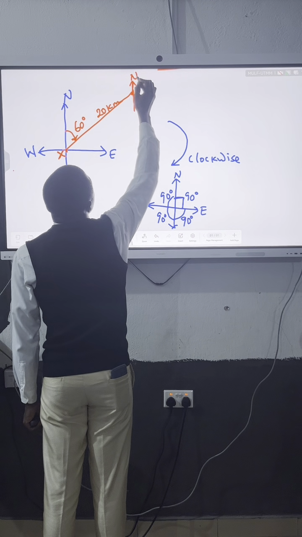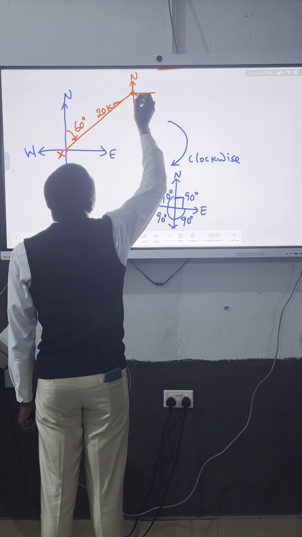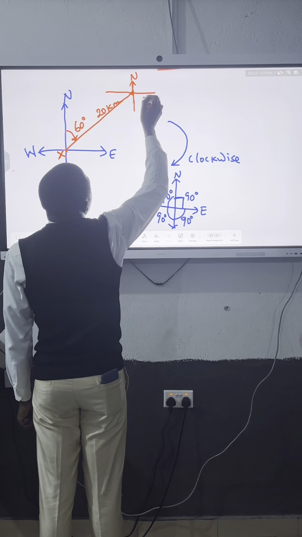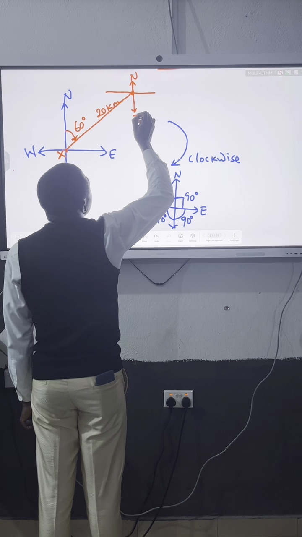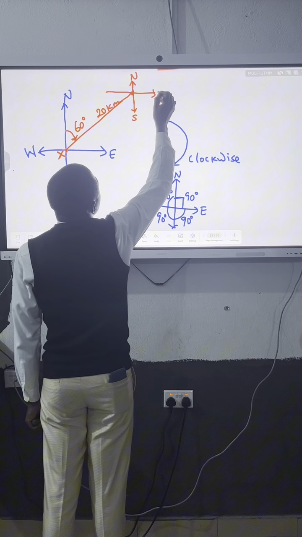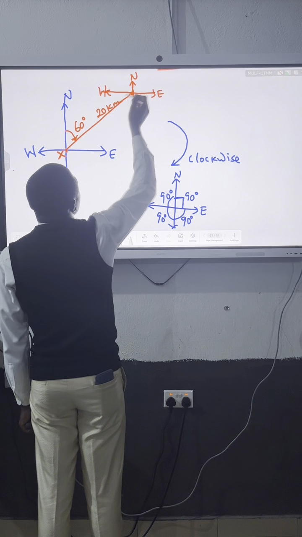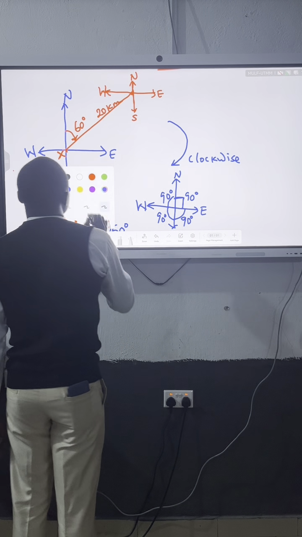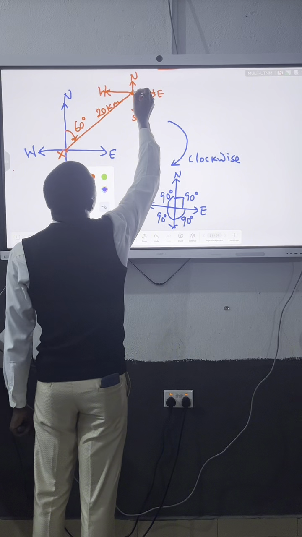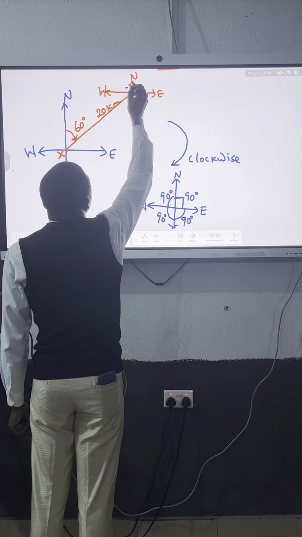Up here you write north. You can trace this to the right hand side and to the left so that the four cardinal points come out. Here is south, here is east to the right hand side, and here is west of the new position.